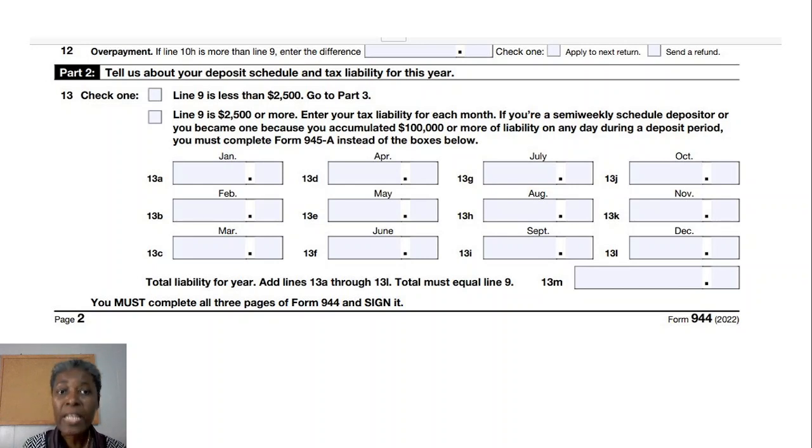So if you know that your line 9 tax liability will be $2,500 or more, you might want to strictly follow your deposit schedule, whether it's a monthly or semi-weekly deposit schedule.